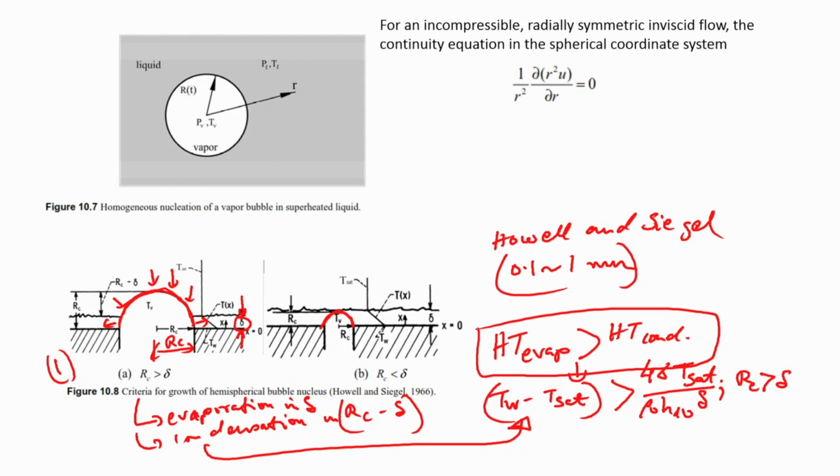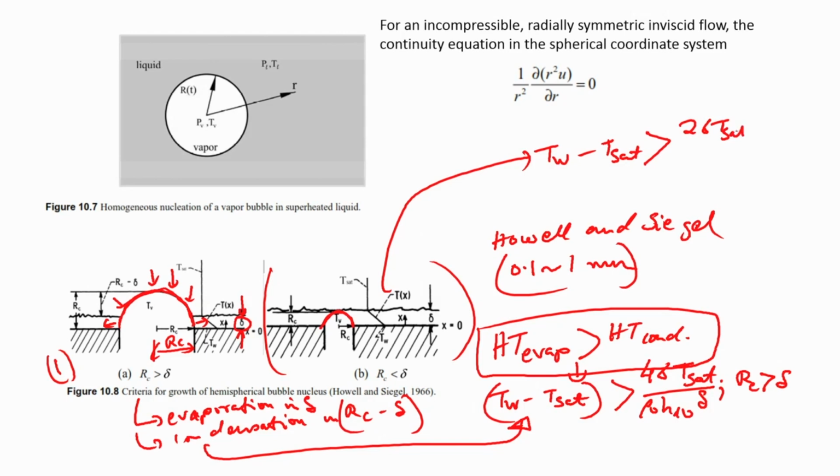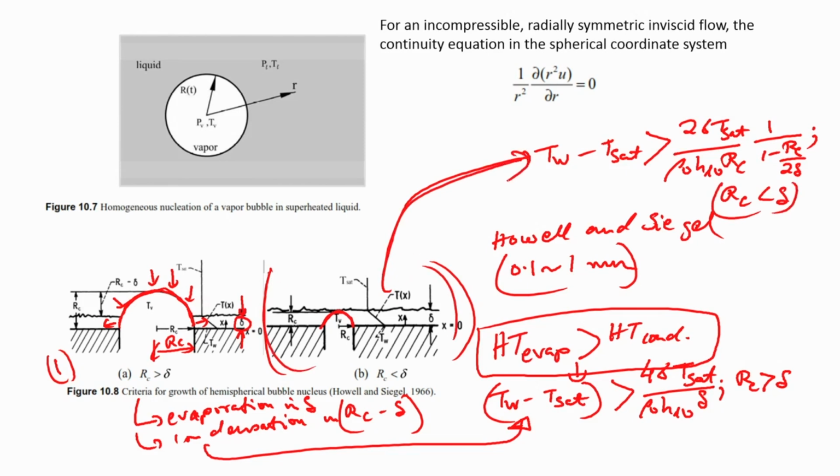Now, if the bubble is wholly inside this, which is this particular case, TW minus T sat has to be greater than 2 sigma T sat divided by rho v HLV into RC, okay, times 1 minus RC by 2 delta, when RC is less than delta. So, that is for this case, that is the condition for bubble growth.